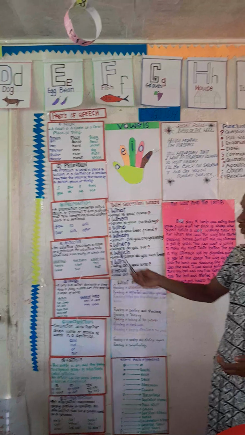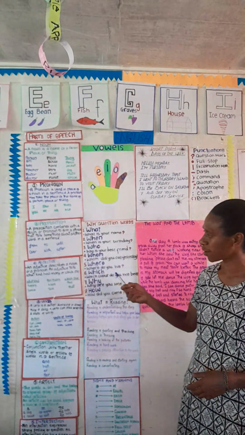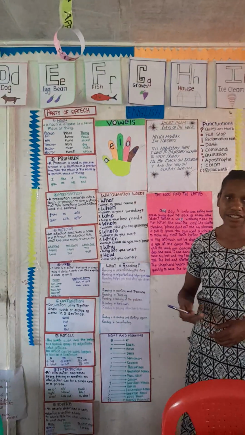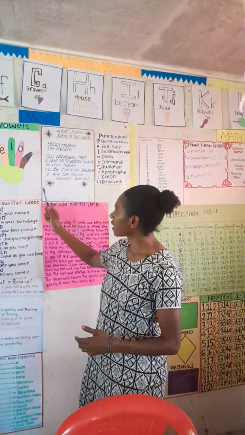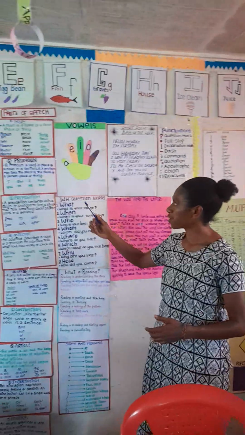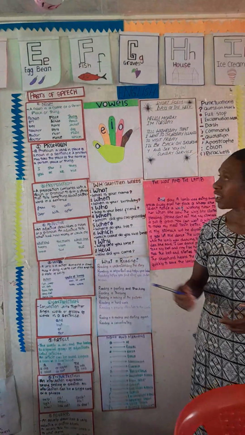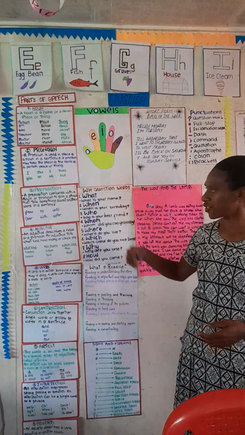They get confused with the explanation of the parts of speech, so that whenever they are writing or reading, they will see the words and know that these are those parts of speech. The vowels, we put them there for times of reading, so that when they get confused, they will go to the vowels.